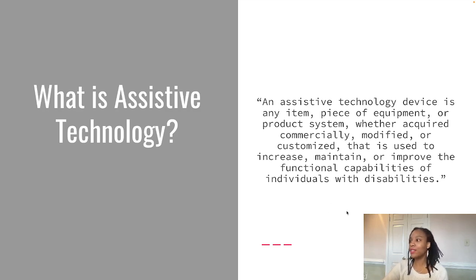This is directly from the American Occupational Therapy Association: assistive technology is any item or piece of technology or equipment or product system that is used to increase, maintain, or improve the functional capabilities of individuals with disabilities.